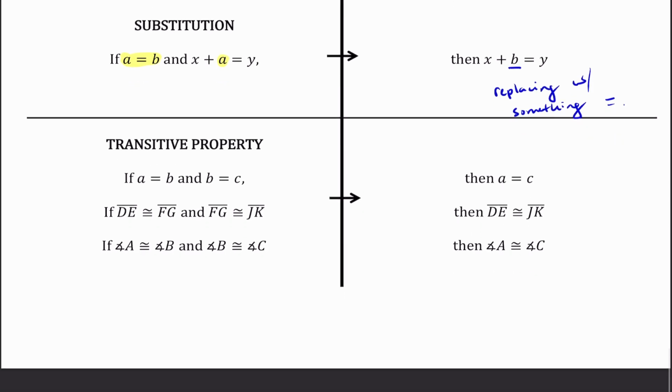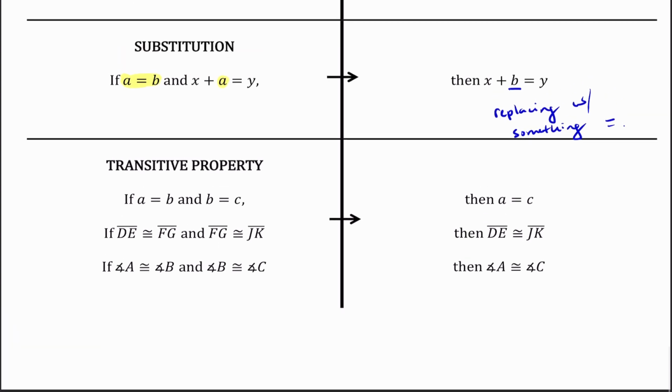Okay? Lastly, the transitive property states that if a is equal to b and b is equal to c, then a is equal to c. So look at this. If a is equal to b, and we know that b is equal to c, well, can we say that a is also equal to c?